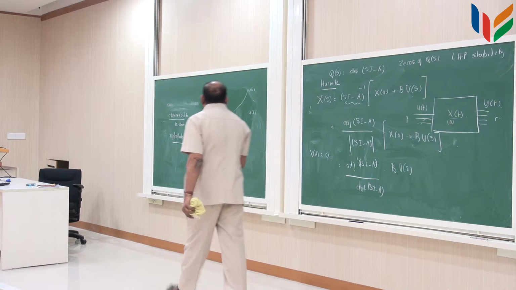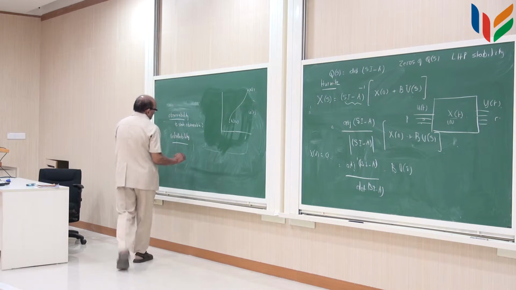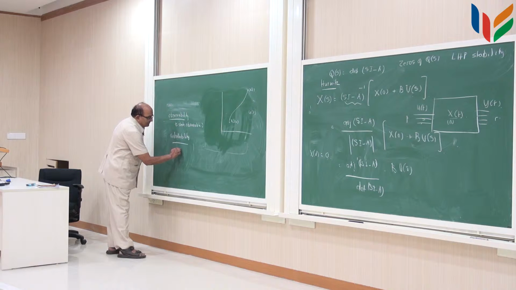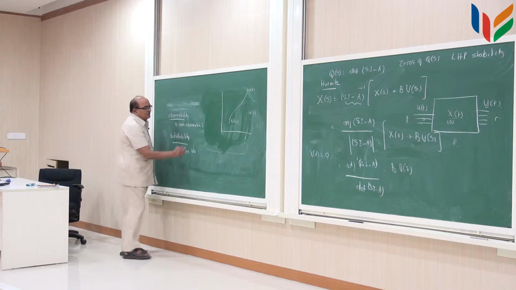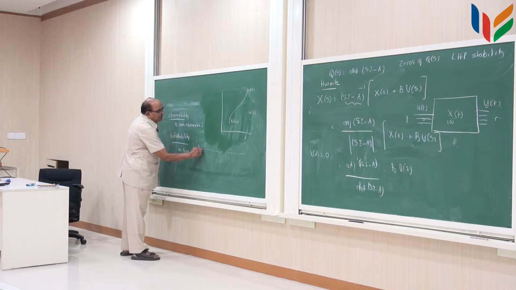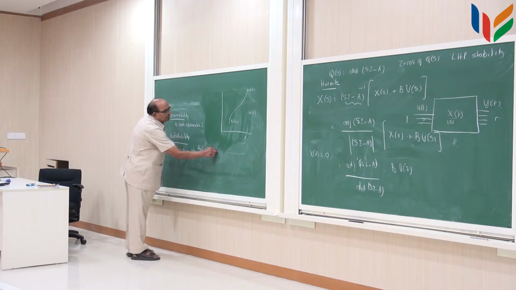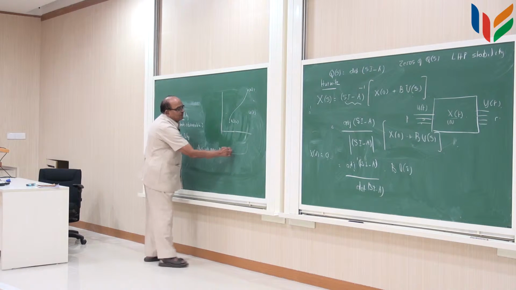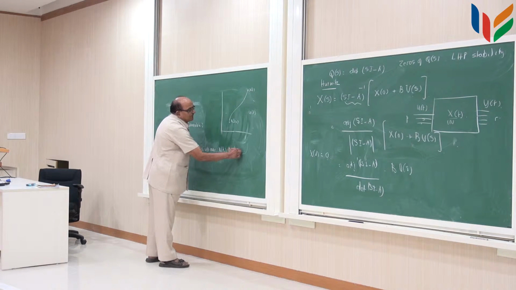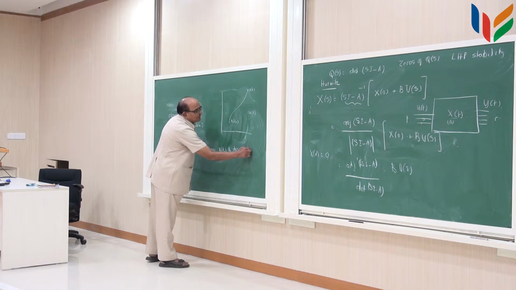That means, are there u of t's which will move x of t0 to the desired x of t.